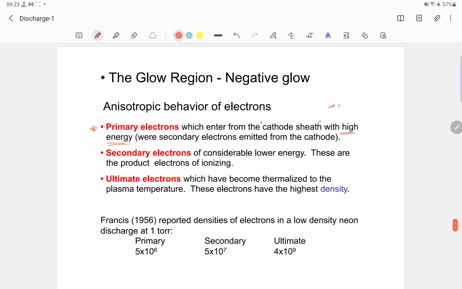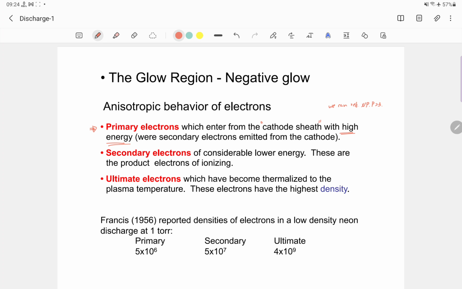Okay, but at the beginning, when these electrons are knocked out from the cathode surface, they are secondary electrons. Once they are accelerated, they can obtain very high energy. They become energetic electrons. And when the energetic electrons collide with gas atoms, they can undergo electron impact ionization.